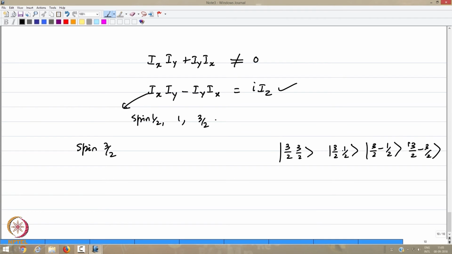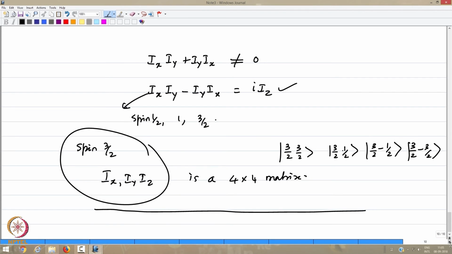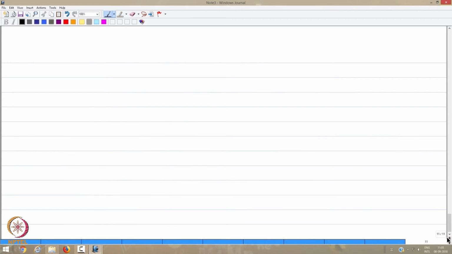So, there are 4 states. And so, the matrix representation for Ix, Iy and Iz for a spin 3 half system is a 4 by 4 matrix. And likewise for any spin I, it is 2I plus 1 by 2I plus 1 matrices. So, these are properties of the spin half systems and arbitrary spin I systems.